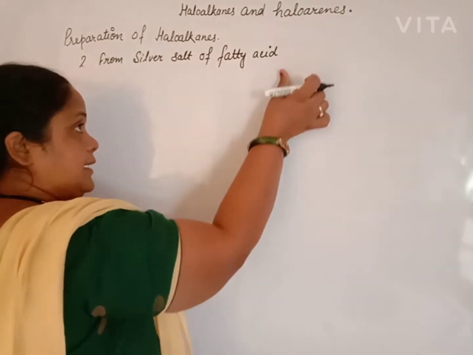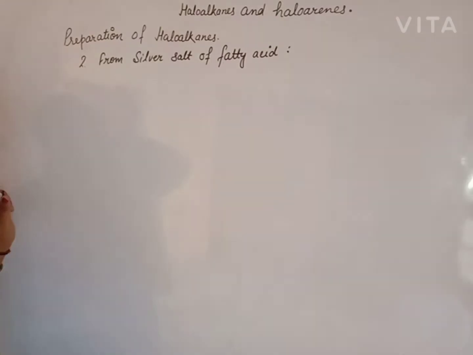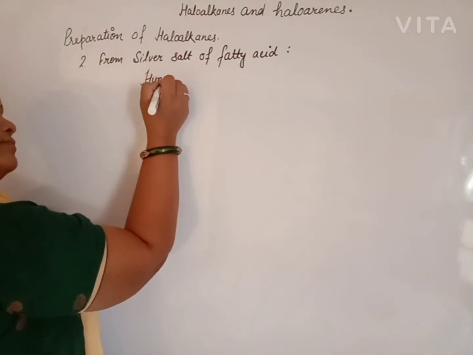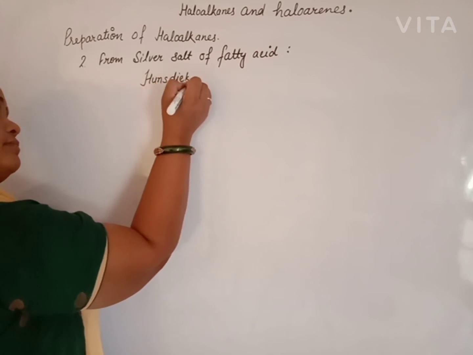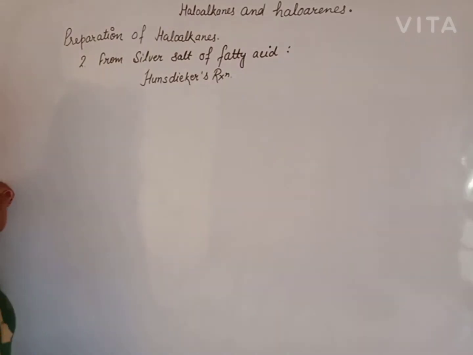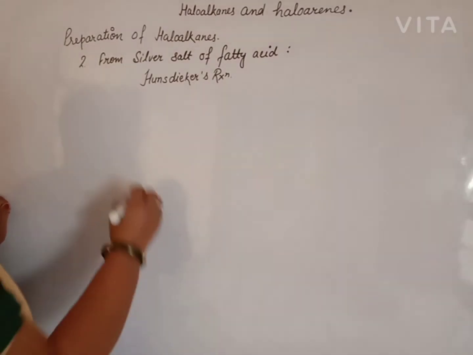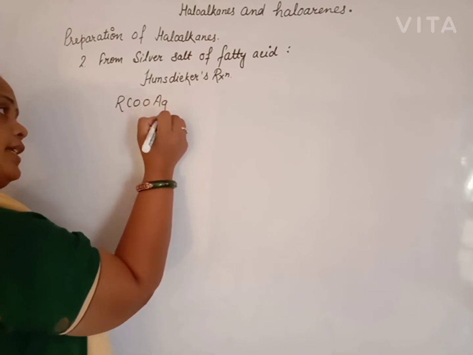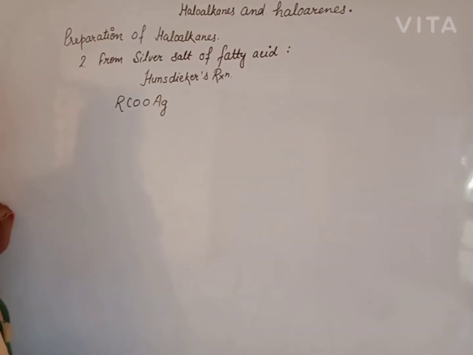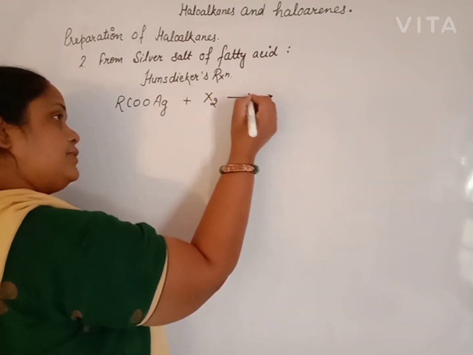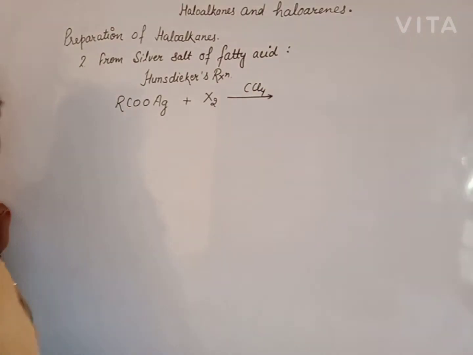This is a name reaction, named after the scientist: the Hunsdiecker reaction. In this case, we use the silver salt of fatty acid, reacting with halogen in the presence of carbon tetrachloride or carbon disulfide.